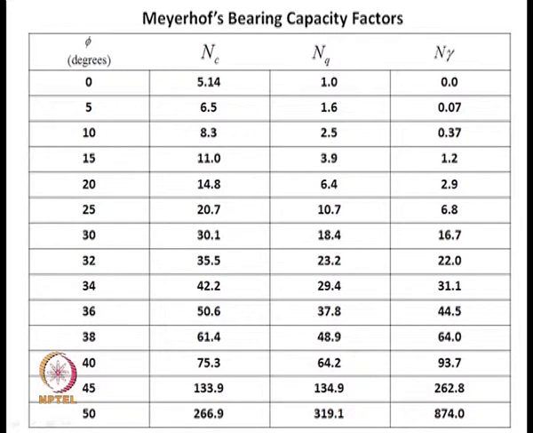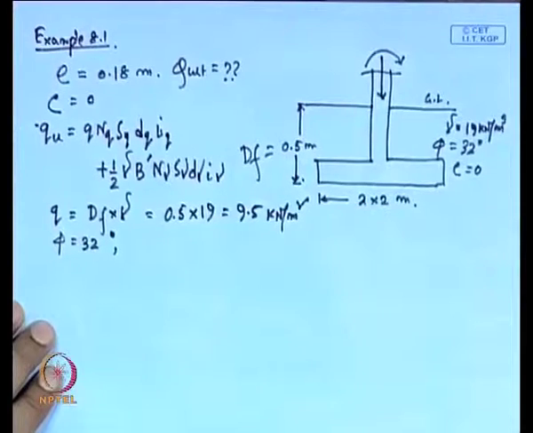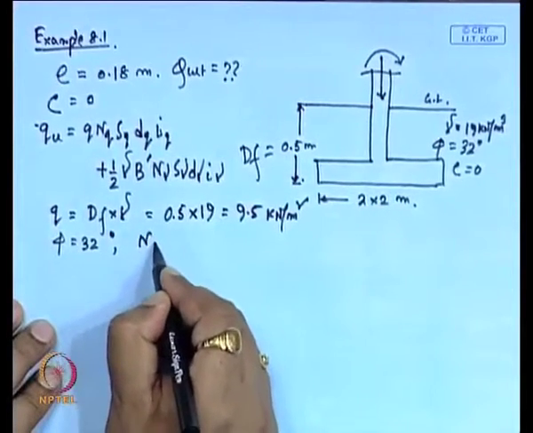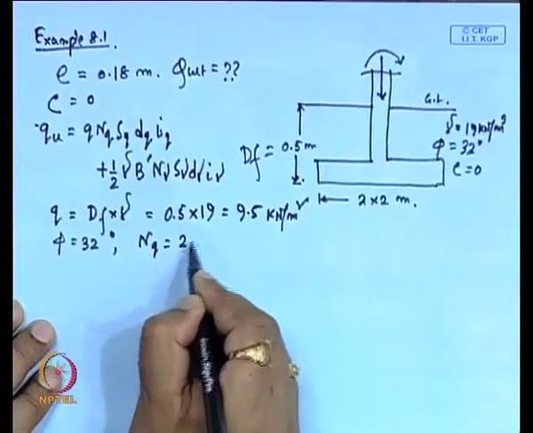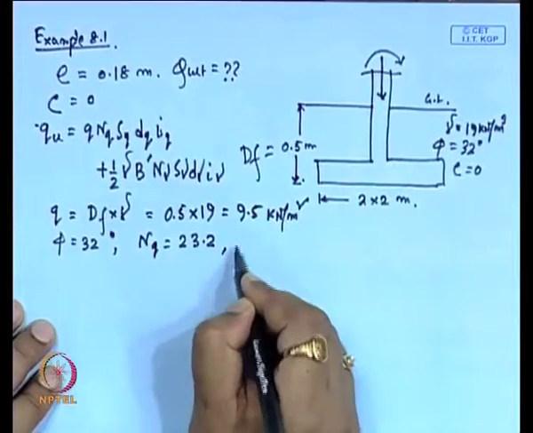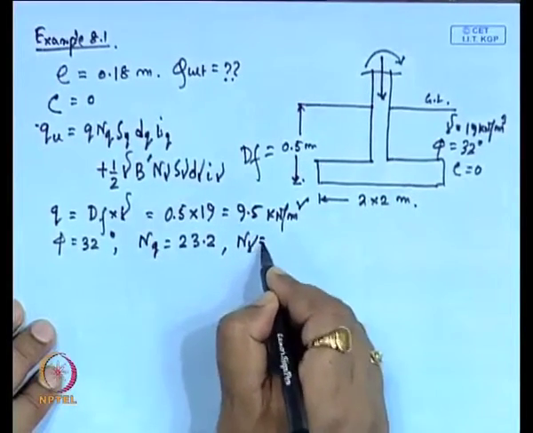Corresponding to phi equal to 32 degrees, our N q is 23.2 and N gamma is 22. So, that value we will use.